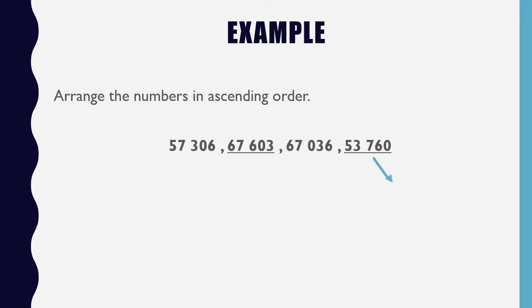In these two numbers, 53,760 is the smallest number and 67,603 is the largest number. As we have identified our smallest and largest numbers, we have to compare the rest of the numbers and arrange them in an ascending order, which is from the smallest to the greatest.